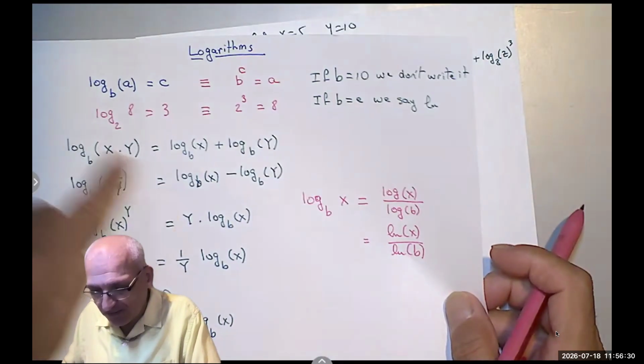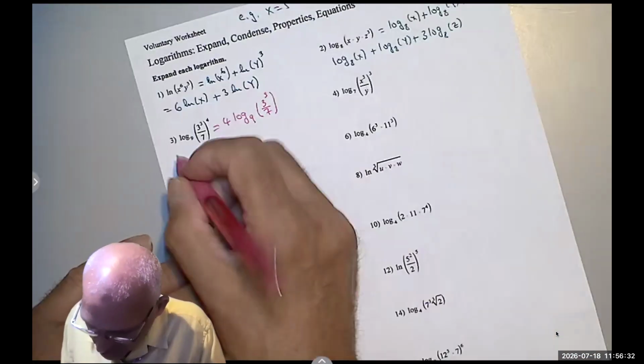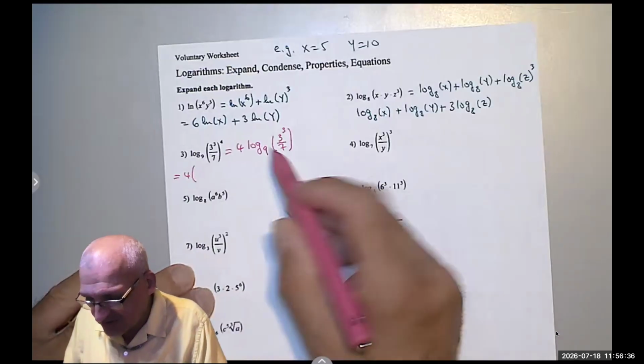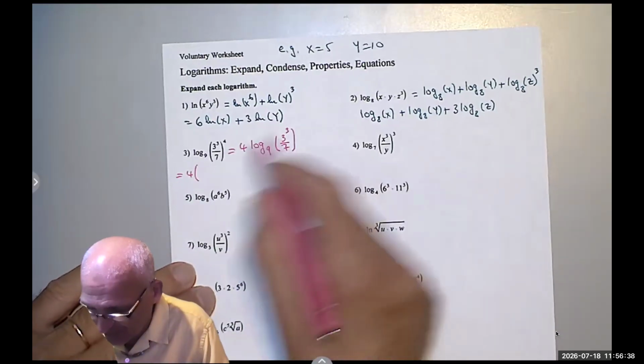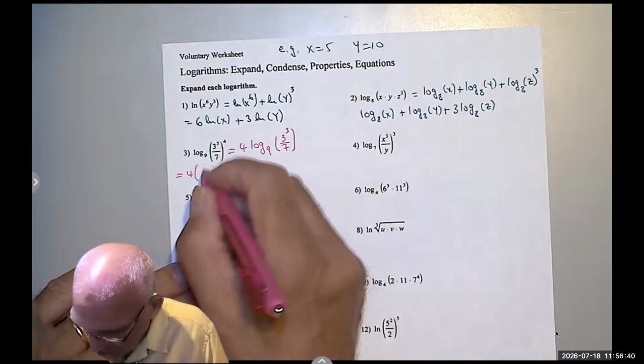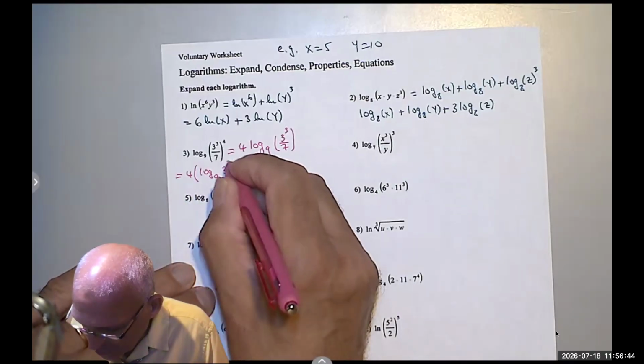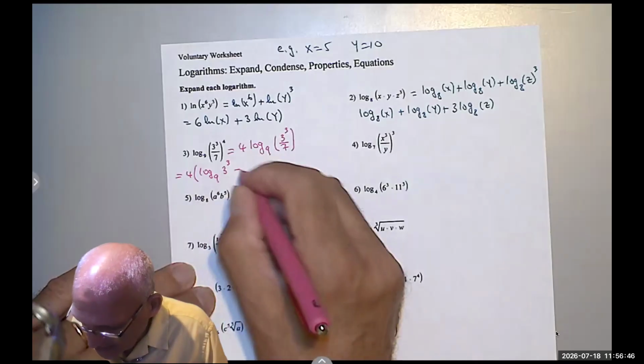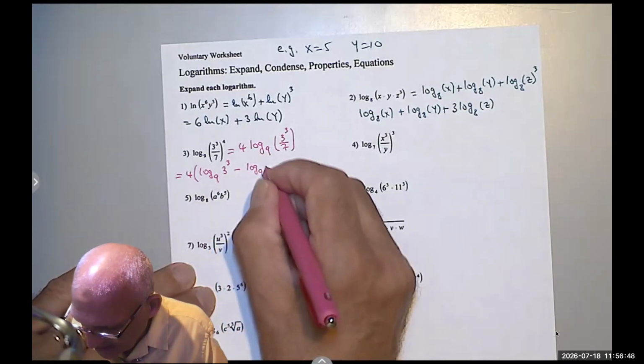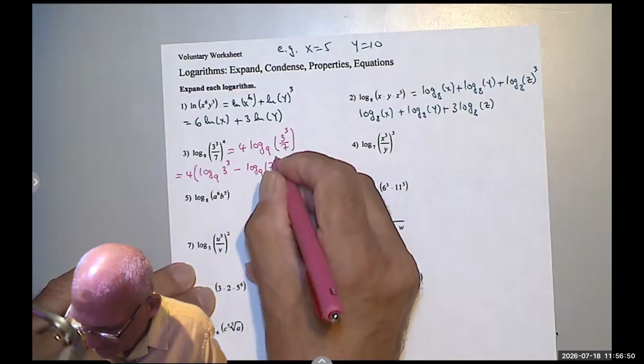So log of the top minus log of the bottom. So I have a 4, and then I open parentheses because I'm going to subtract two things, but both of them are multiplied by 4. Log to the base 9 of 3 cubed minus log to the base 9 of 7 cubed.